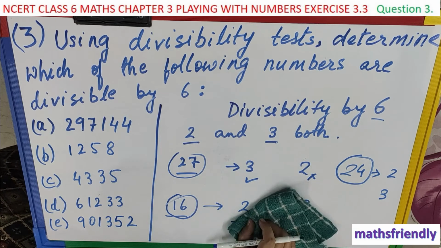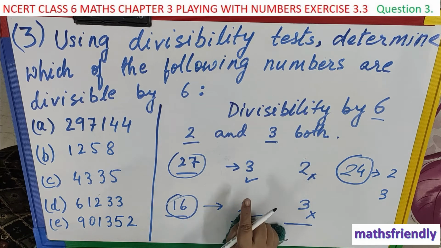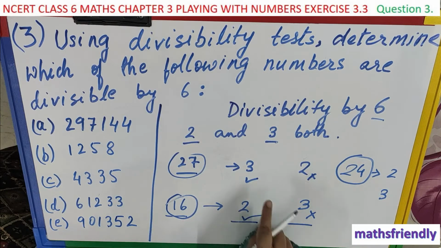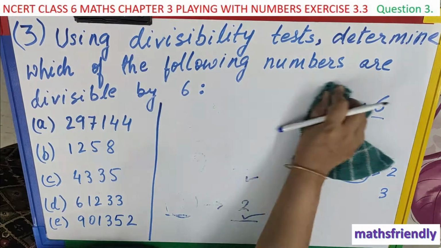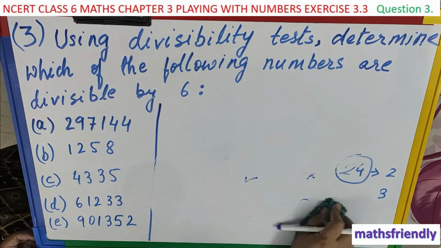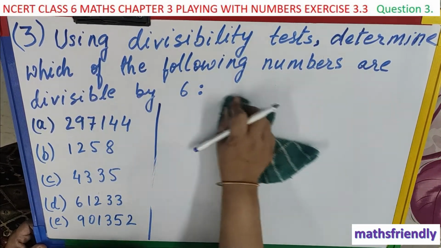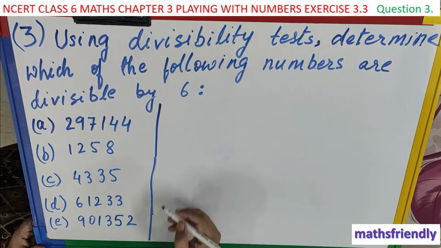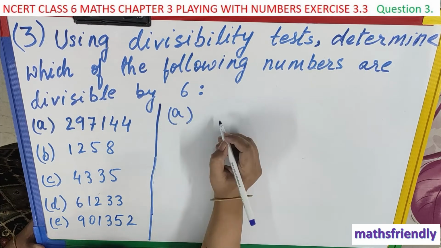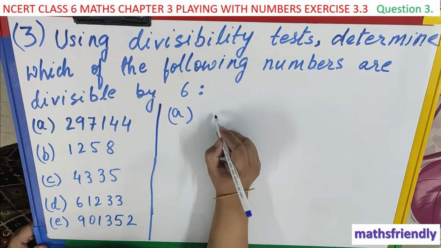So you have understood that if a number is divisible by 6, it has to be divisible by both 2 and 3. So we have to check whether the number is divisible by both 2 and 3 or not. If a number is divisible by both 2 and 3, we will conclude that yes, the number is also divisible by 6.